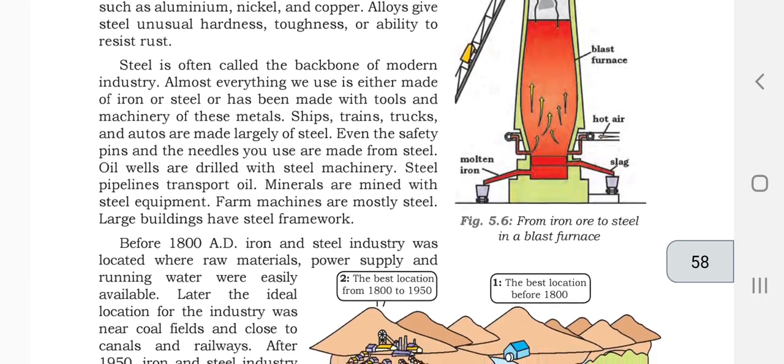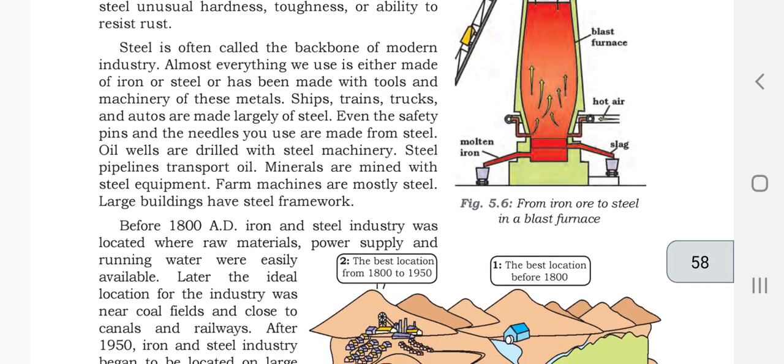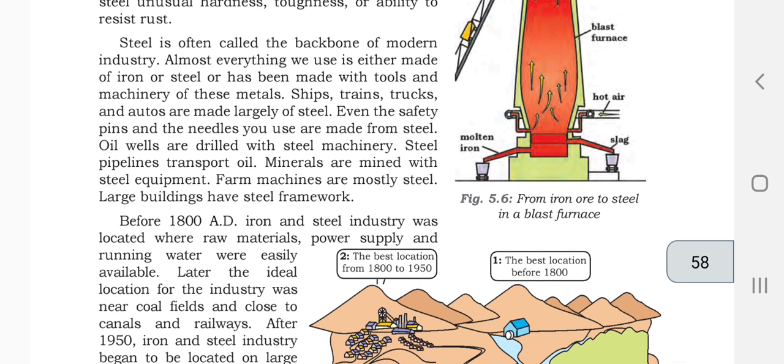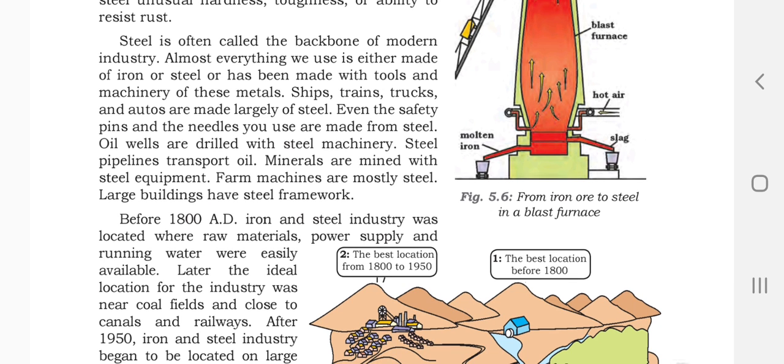Farm machines are mostly steel. Steel is used in different forms, and when we need something hard yet easy to make small, we mostly use steel.